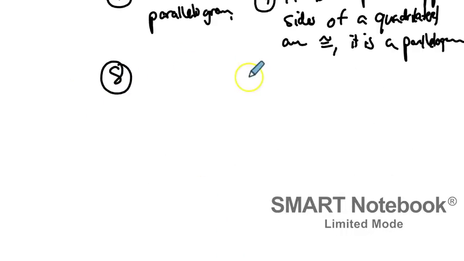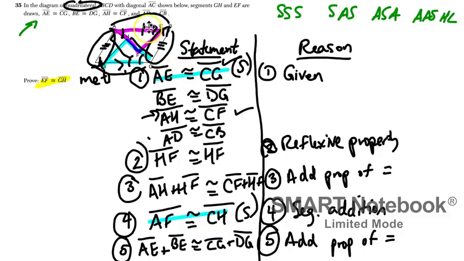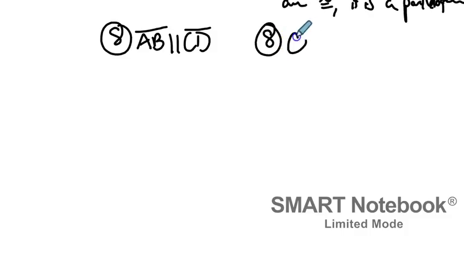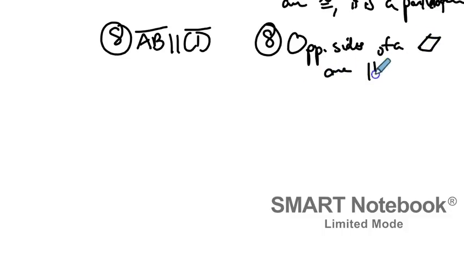Since it's a parallelogram, that means AB is parallel to CD. Oh, yeah, it's CD, right? Yep. Okay. Because of the definition of a parallelogram, opposite sides of a parallelogram are parallel.